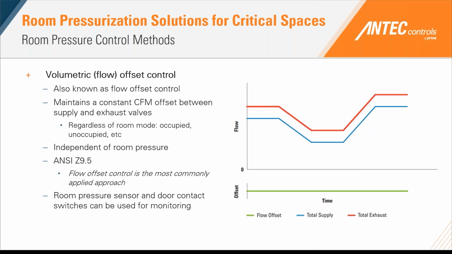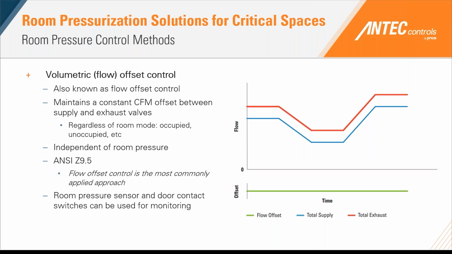The strategy for volumetric offset control is to maintain a constant CFM offset between our total supply air coming into a space and our total exhaust air leaving a space. This is regardless of the room mode changing, as your space goes from heating into cooling or other conditions.